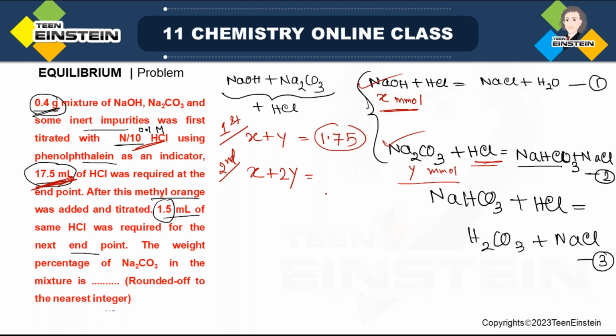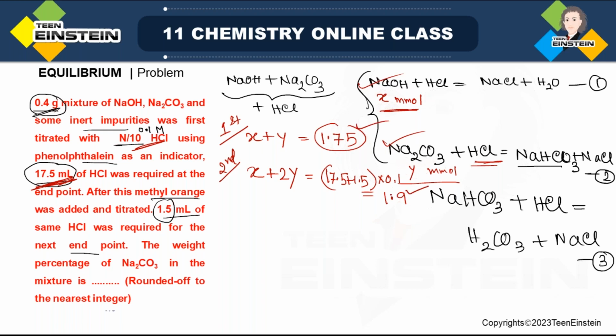And overall process means now you have to add the two volumes, that is 17.5 plus 1.5, which is 19, multiplied by 0.1, and the value is 1.9. So now we have two equations. One is X plus Y equal to 1.75. Another is X plus 2Y equal to 1.9.